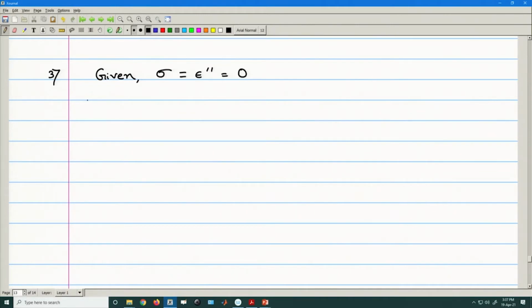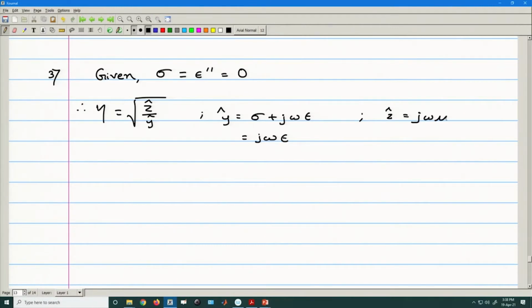Okay. So, we know that eta is root over of z cap by y cap, where y cap is sigma plus j omega epsilon. So, sigma is 0, so we have it as j omega epsilon. Also, z cap is j omega mu.